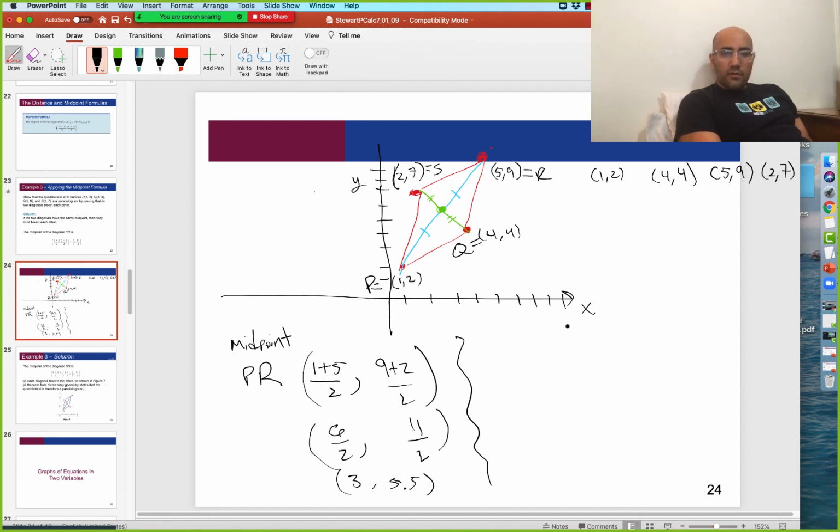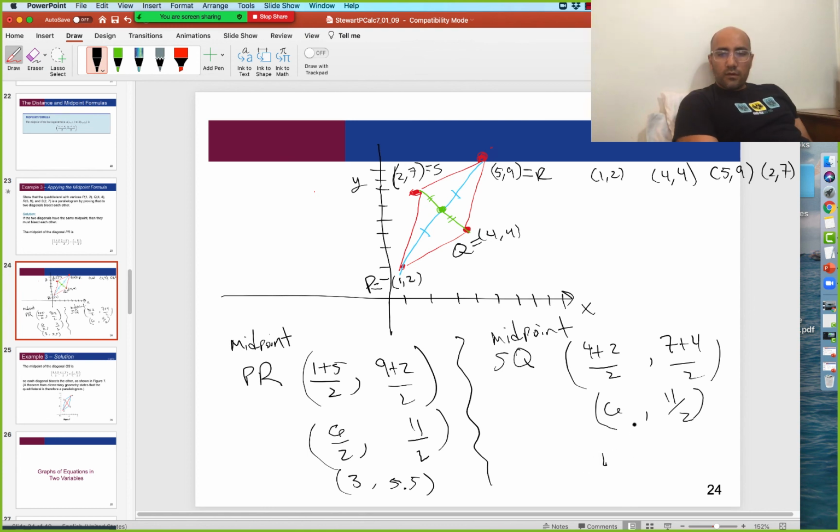In the other direction, the midpoint between S and Q, we add the x's together, 4 plus 2 divided by 2, and the 7 plus the 4 divided by 2, to give us the same thing: 6 over 2 and 11 over 2, so 3 and 5.5.